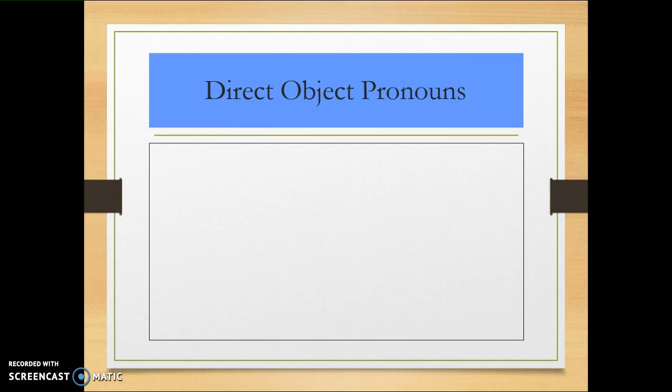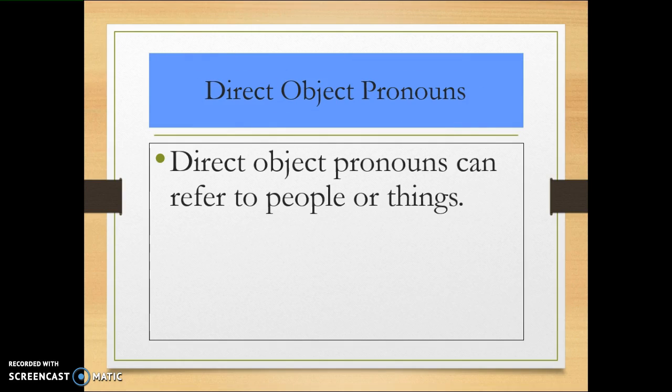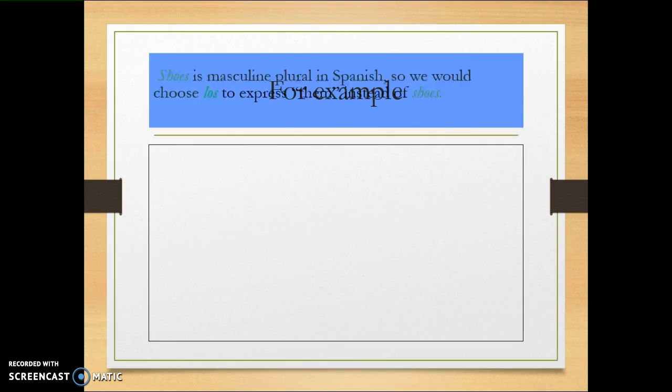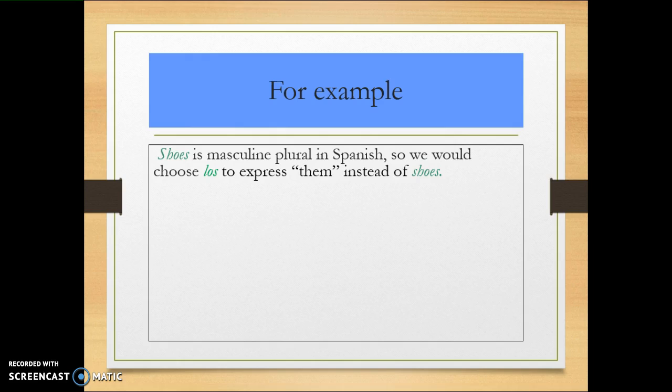Okay? So, direct object pronouns can refer to people or things, and they agree in gender and number with the nouns they replace. Gender and number. So if the noun is masculine, the pronoun has to be masculine, just like we worked with adjectives and nouns, right? Some examples of that are as follows. For example, the word shoes is a masculine plural in Spanish.